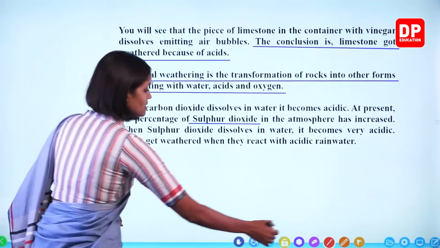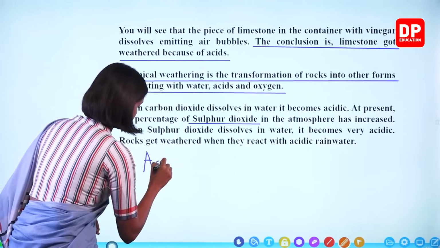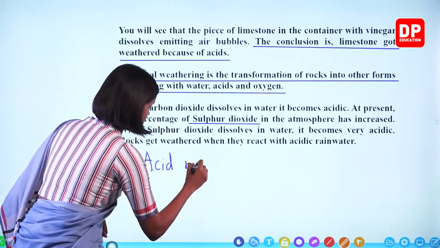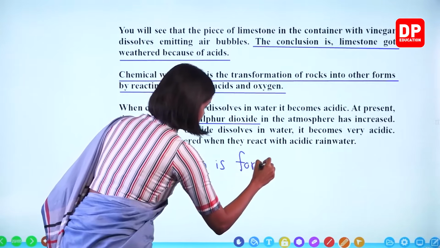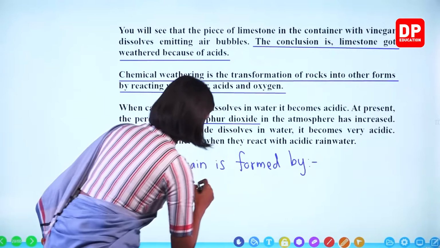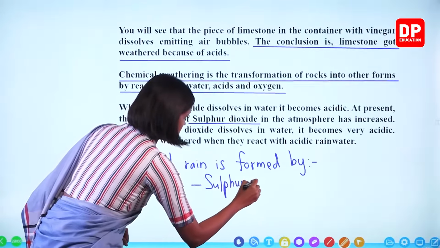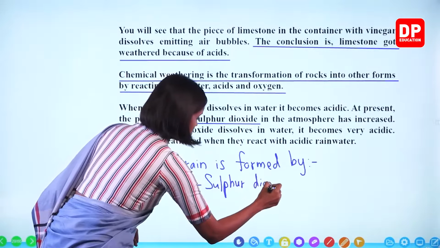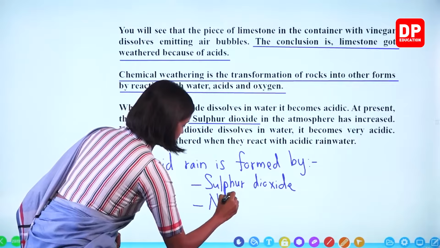We will write: acid rain is formed by sulfur dioxide and nitrogen oxides.